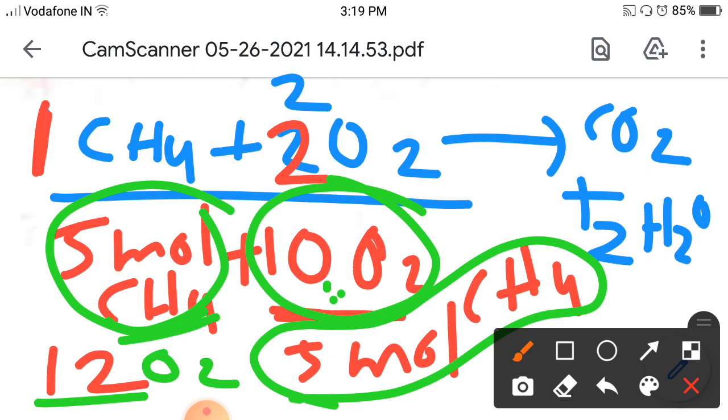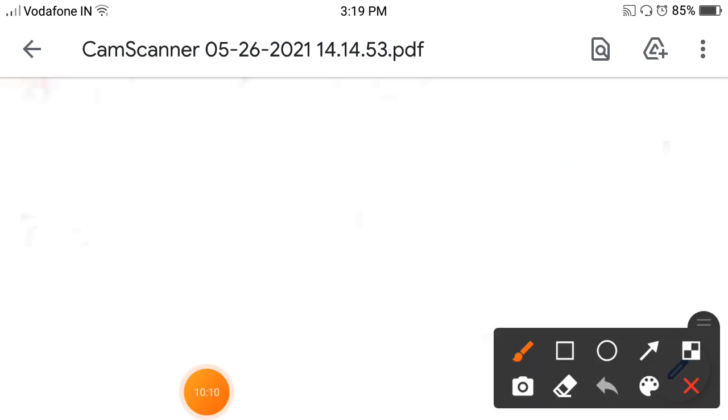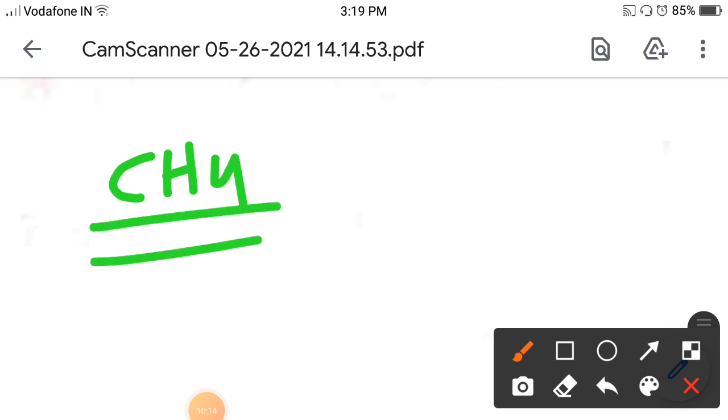CH4. Here the excess amount is oxygen. So we had to find out that CH4 is the limiting reagent, that is, the reactant which gets consumed first.